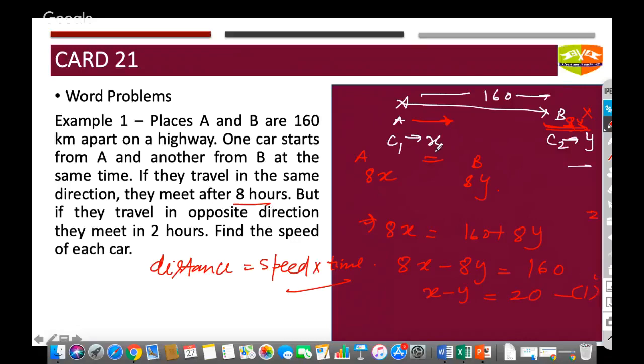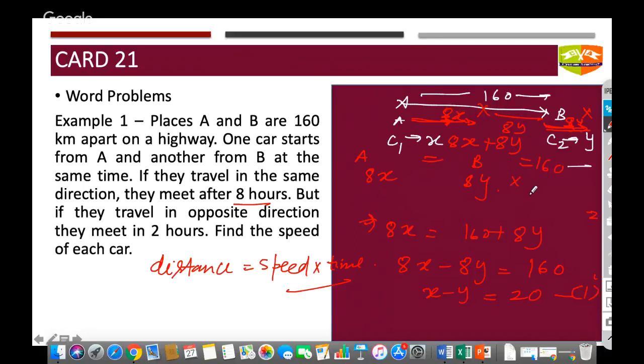Now let's say that when they travel in opposite direction, so what happens is, in this case, 8x plus 8y, distance traveled by A, which is 8x, and distance traveled by B, which is 8y, and total distance is 160. So 8x plus 8y is 160.